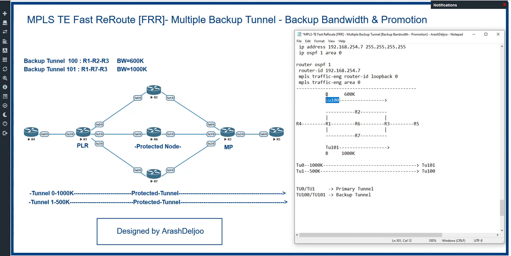This is not that feature. This is the backup bandwidth. It means the amount of bandwidth that a backup tunnel can be used for. We need to configure this amount of bandwidth.